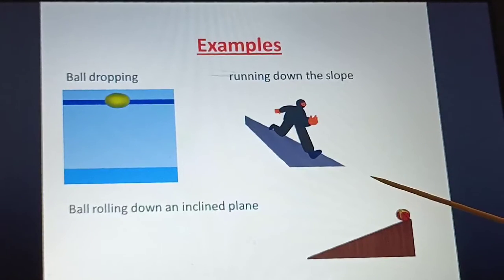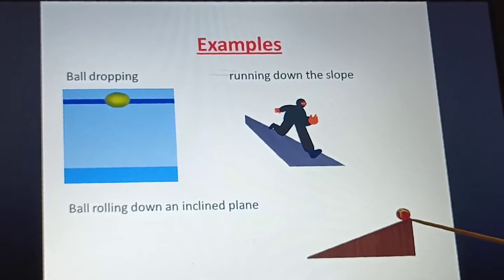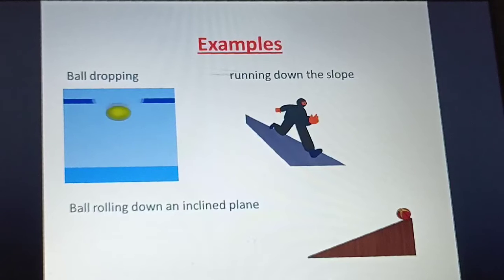All these three examples show that the object was in a stationary position. The ball is here, and the person. From there, we have left it. For example, in the first example, from the stationary position just leave the ball, so the ball drops down.